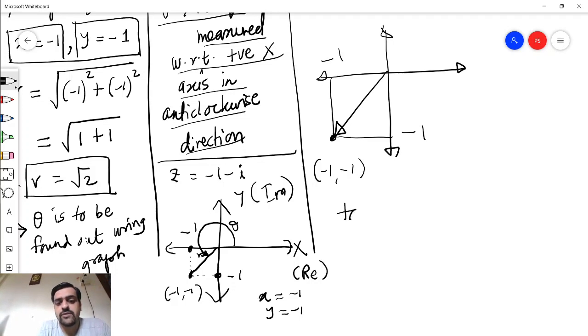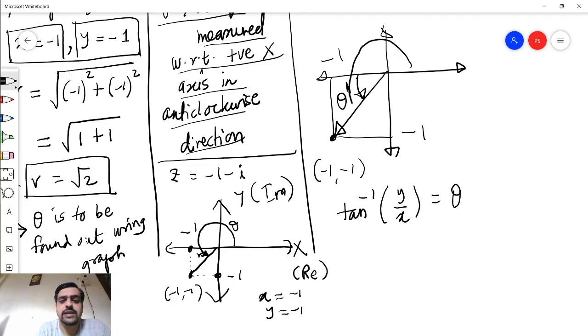The formula which says tan inverse of y by x is nothing but theta will give us this particular value of theta. Let's call it as some theta dash. But in our case, we are interested in the other value theta, because theta is always measured with respect to positive x-axis in anti-clockwise direction.